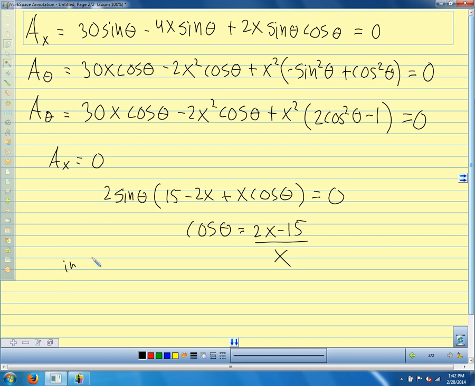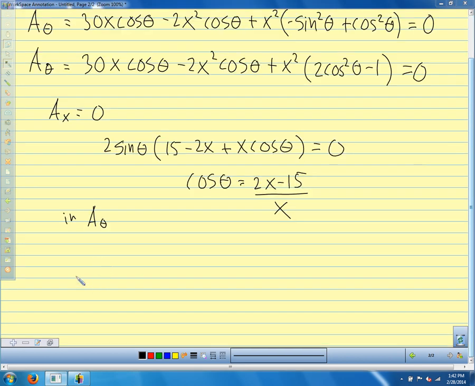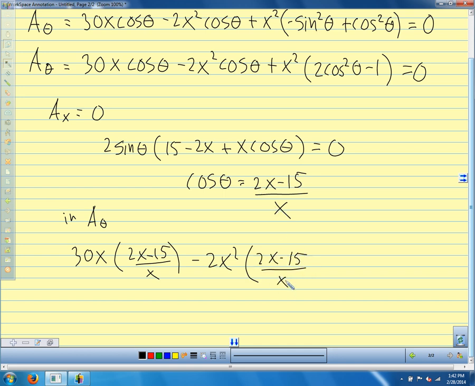So in a sub theta, when I substitute that in, I get that 30x times 2x minus 15 over x, minus 2x squared times this quantity, 2x minus 15 over x, plus x squared times twice this quantity squared, 2 times 2x minus 15 over x squared, minus 1, and that all equals 0.